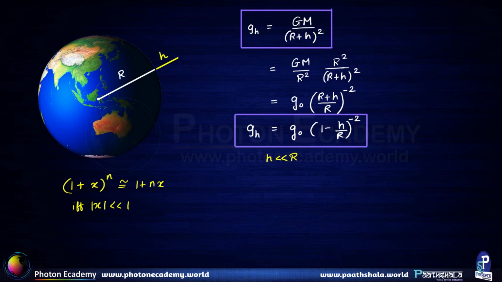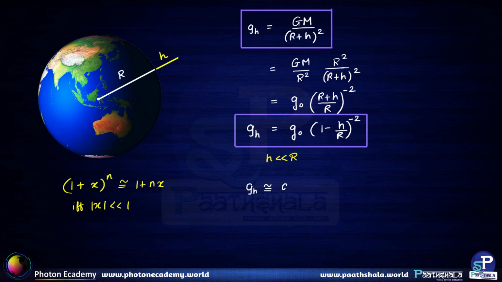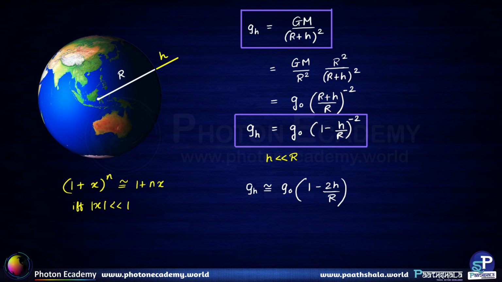So when such a situation arises, we can write down acceleration due to gravity at height h, g h, to be approximately equal to g naught (1 minus 2h upon R). So the student can note that here the acceleration due to gravity is reducing compared to that on the surface of the Earth.